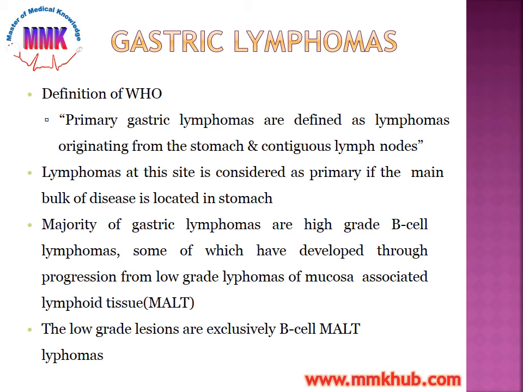Majority of the gastric lymphomas are high-grade B-cell lymphomas, some of which have developed through progression from low-grade lymphomas of mucosa associated lymphoid tissue, which are then labeled as MALT lymphoma. The low-grade lesions are exclusively B-cell MALT lymphomas.